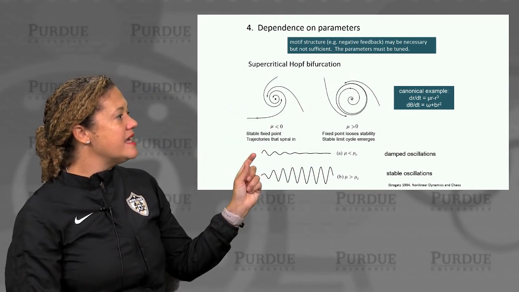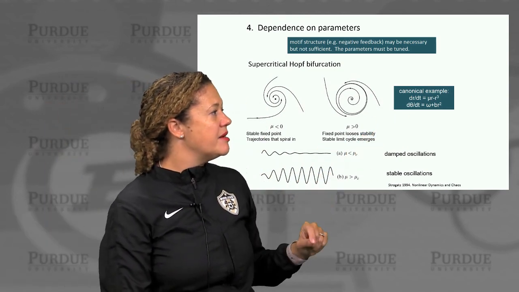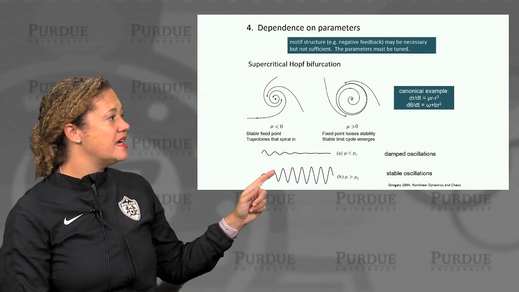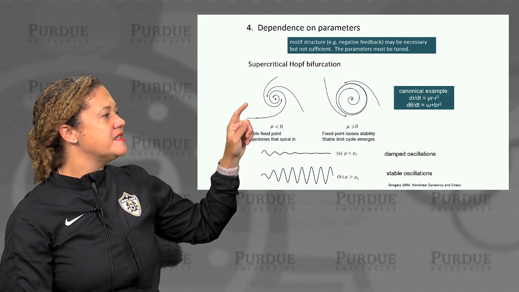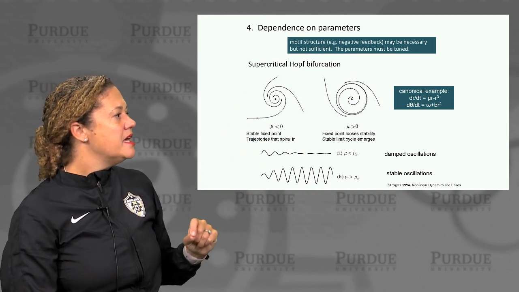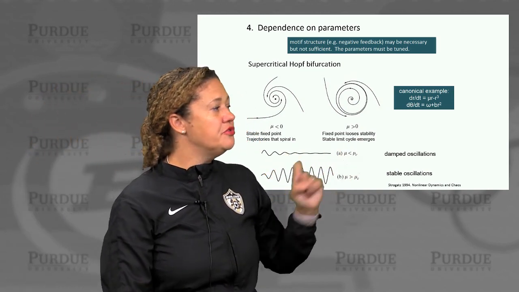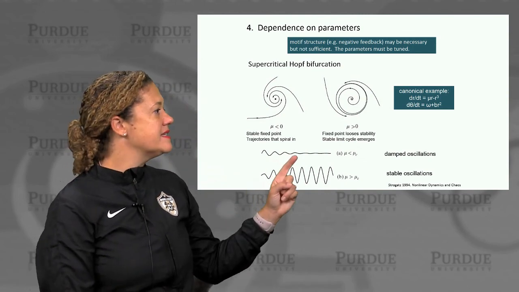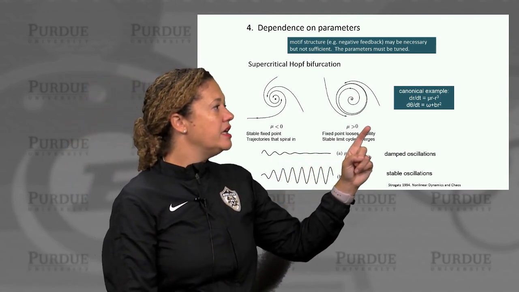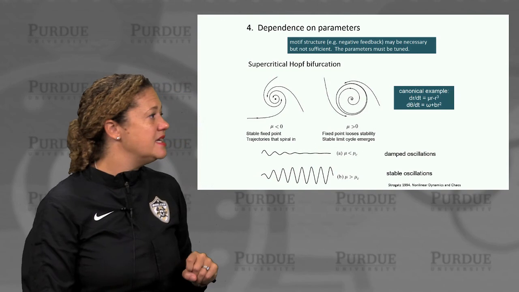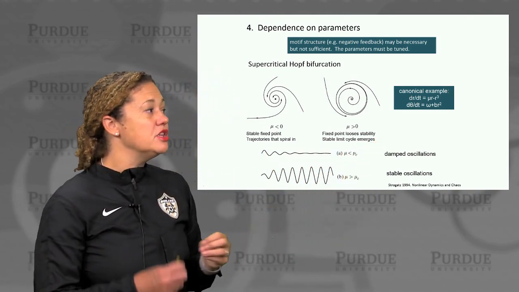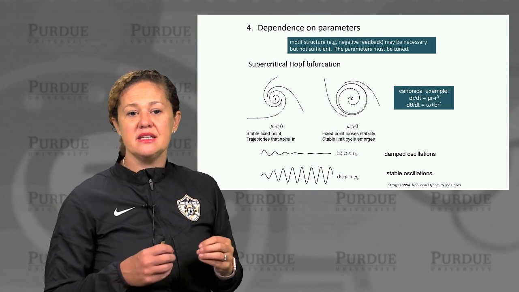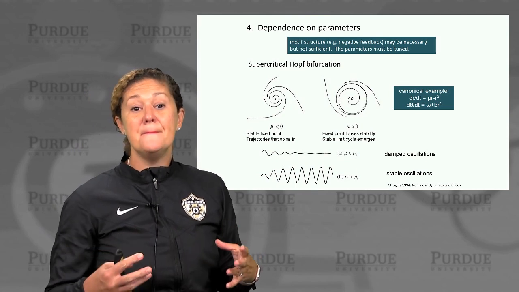For mu less than 0 in this case, we get this stable fixed point where nearby trajectories spiral in. But if we tune that mu value, and in our canonical example the critical value is 0, when mu gets bigger than 0, that fixed point loses its stability and a stable limit cycle emerges.